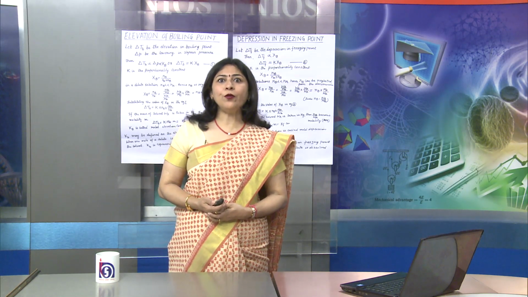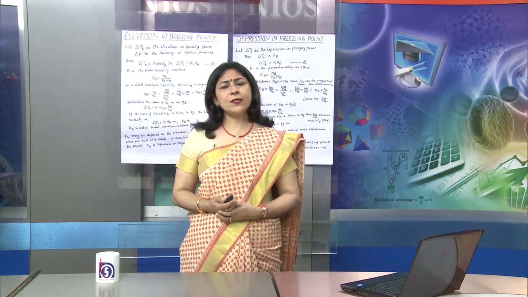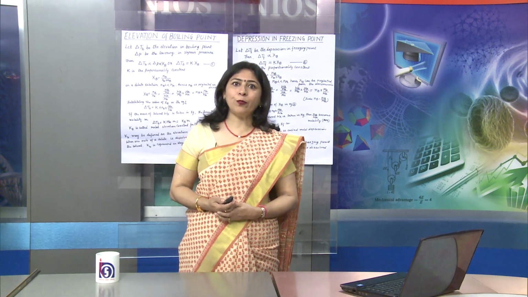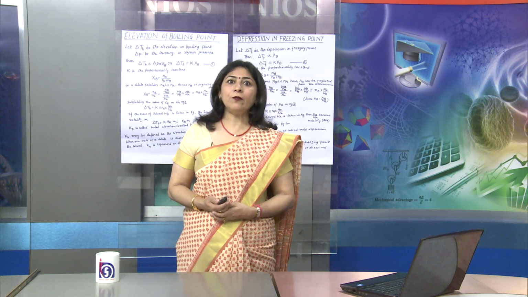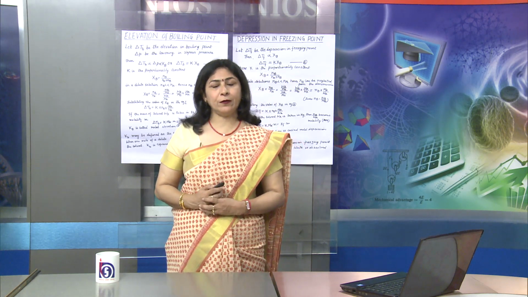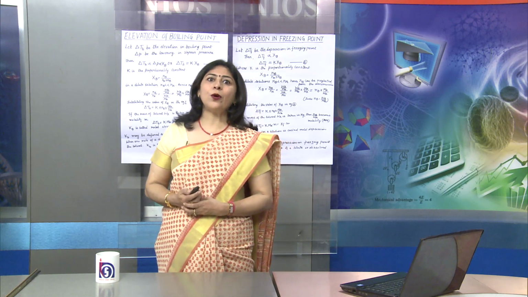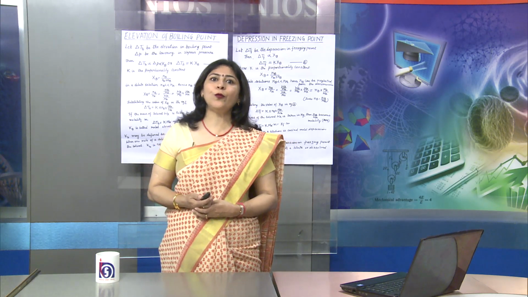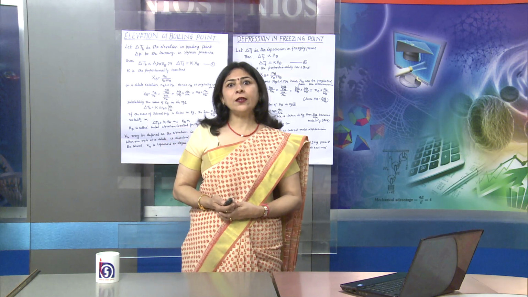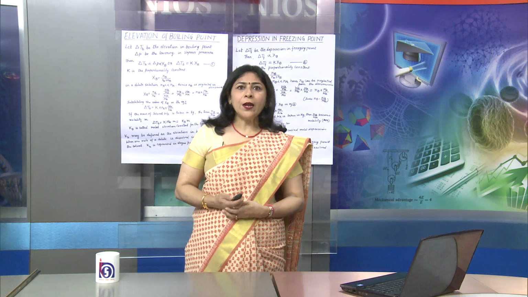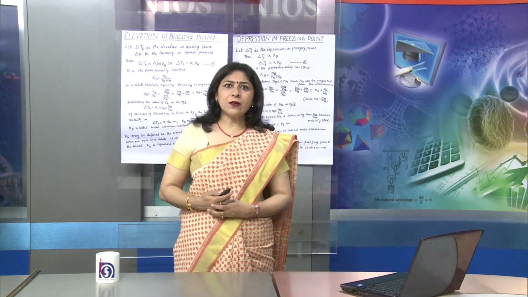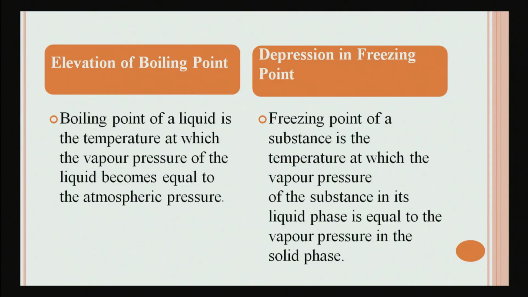The boiling point of a solution is always higher than that of the pure solvent in which the solution is prepared. So, the elevation of boiling point also depends on the number of solute molecules rather than their nature. Now, let's discuss the difference between elevation of boiling point and depression of freezing point.